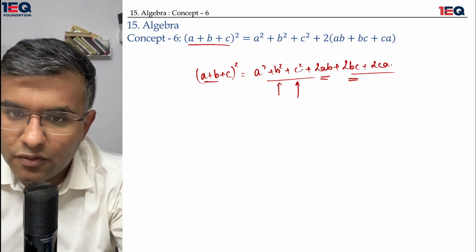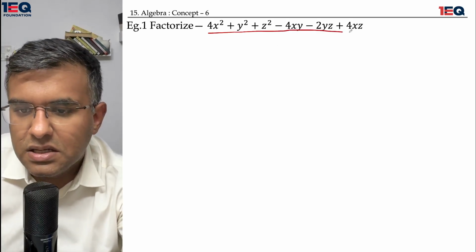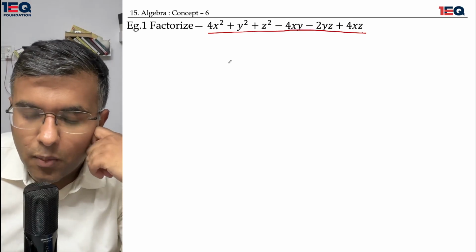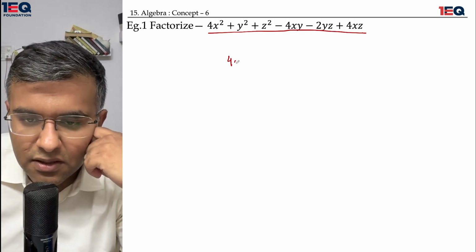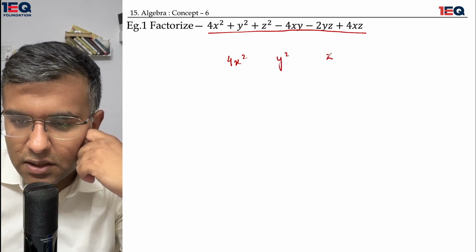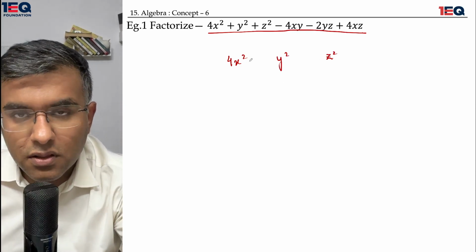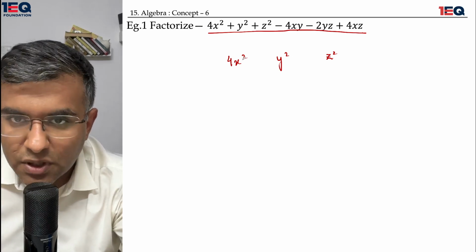Okay, let me move on and use this. It's asking me to factorize this entire expression. What all can I see from it? I can see 4x square, I can see y square, and I can see z square. These are the variables which have the exponent 2.